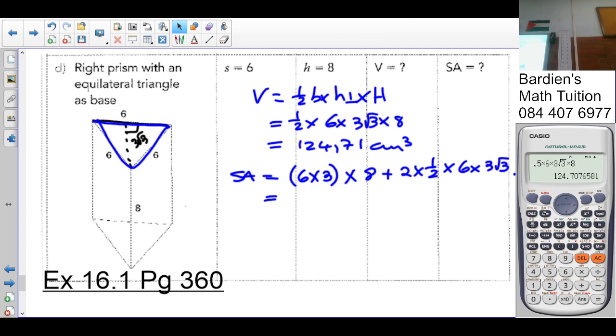So that's going to give you 6 times 3 times 8 plus 2 times a half times 6 times 3 root 3.